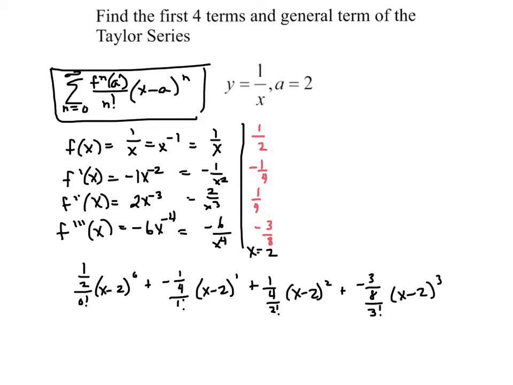Okay, let's simplify. The first term will just be 1/2. Then we'll have minus 1/4 times x minus 2. Please remember that this is the tangent line. A tangent line is just a Taylor polynomial going out to the first power. Now, 1/4 divided by 2 factorial, that's like 1/4 divided by 2, that's 1/8.